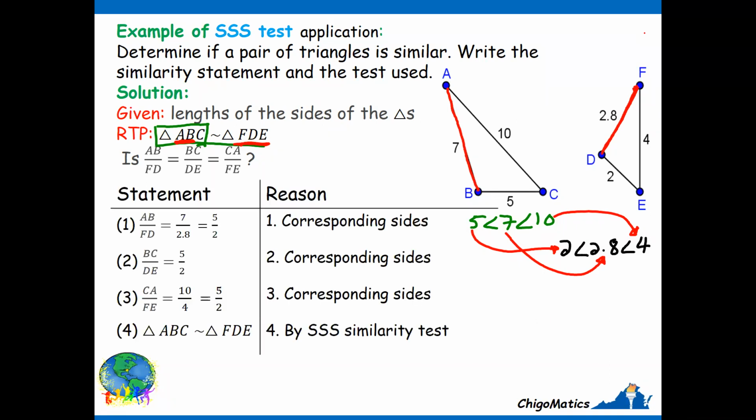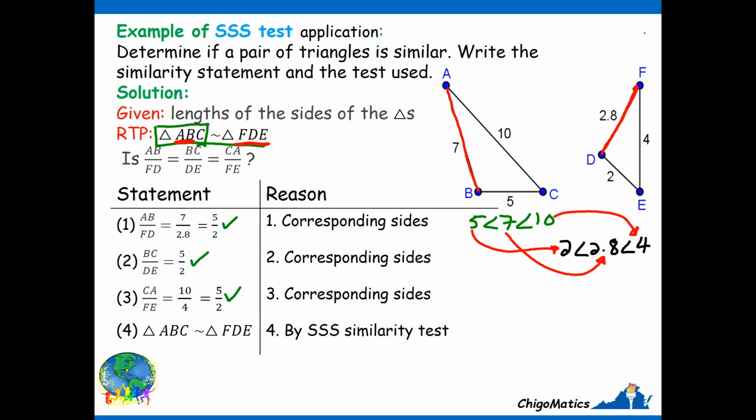Now in this table, realize that we are simply checking the actual ratios of the corresponding sides. The first pair gave us 5 over 2. The second, the same. The third, the same.